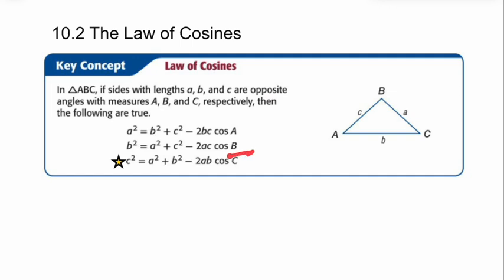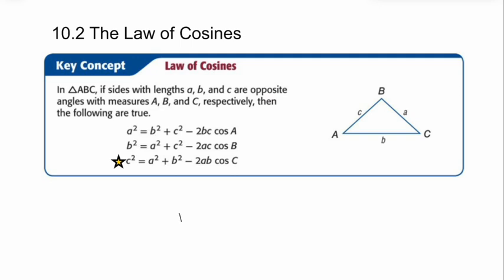The one that most resembles our Pythagorean theorem is this one, okay? In a right triangle, it actually becomes the Pythagorean theorem because the cosine of 90 degrees is 0, so that piece isn't even there. So I'm going to write the one that's most important.